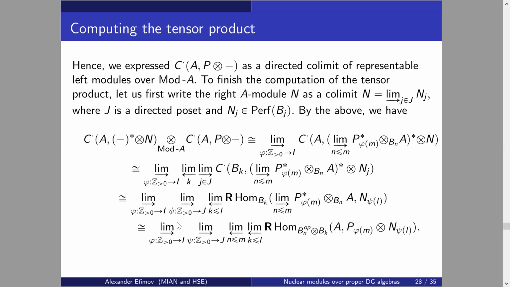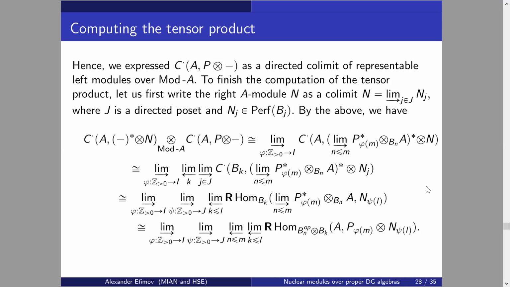To compute this tensor product, we take a directed limit over all pairs of maps, a map from positive integers to I and another map from positive integers to J, and then the inverse limit over n less or equal to m and k less or equal to L, of R Hom over Bn opposite tensor Bk from A to this product of perfect modules.